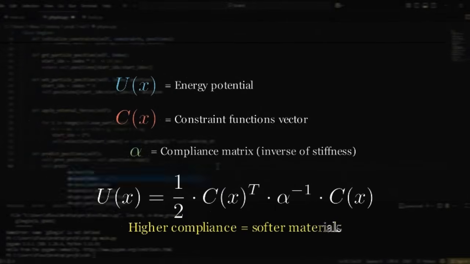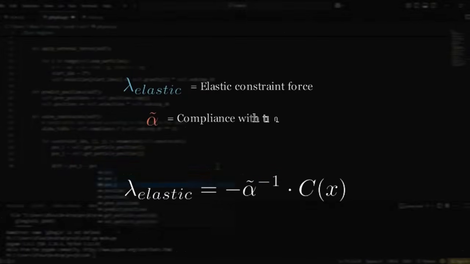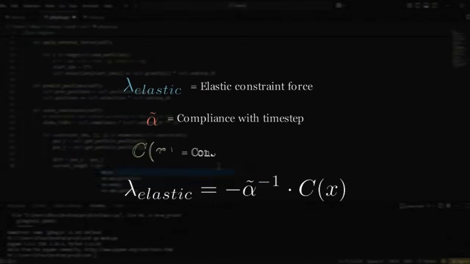Higher compliance means softer materials. The real breakthrough comes from introducing Lagrange multipliers to decompose forces, where alpha tilde equals alpha divided by delta t squared, incorporating our time step. This gives us a way to track the total constraint force throughout the simulation.